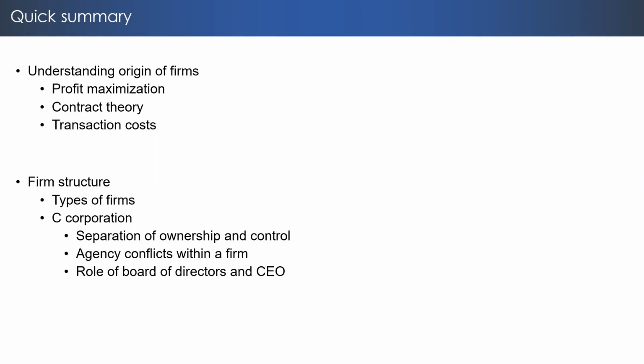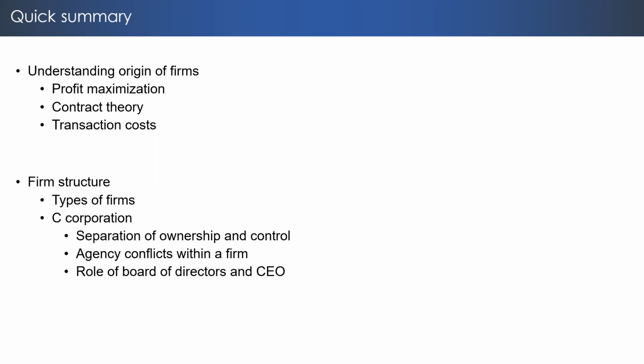Okay, so then we talk about firm structure. There are different types of firms, and in C corporations there are some things that we will talk about in later slides, especially when we talk about the capital structure. Some highlights of C corporations: because of hiring managers from outside, C corporations can have issues arising from the separation of control and ownership.